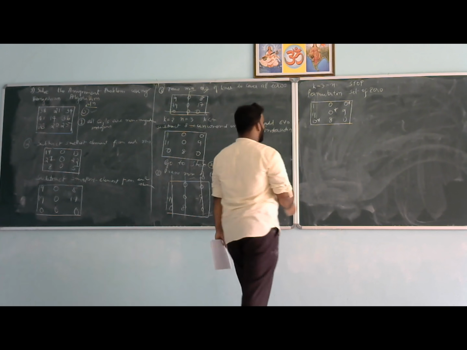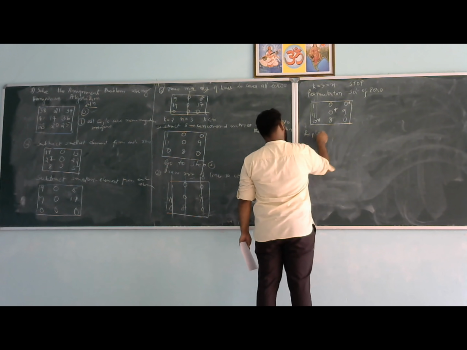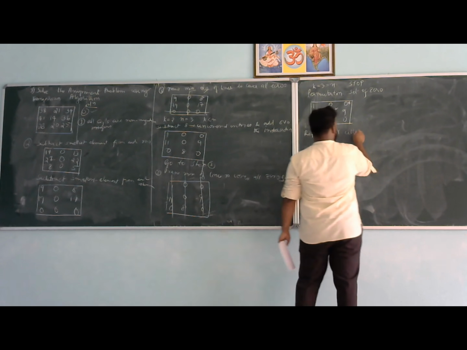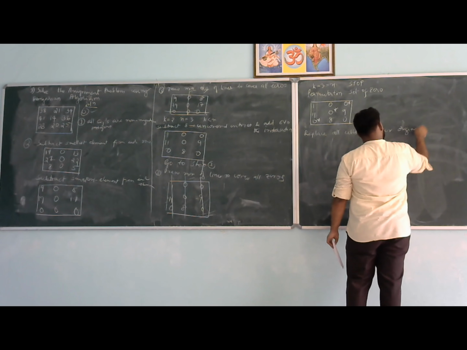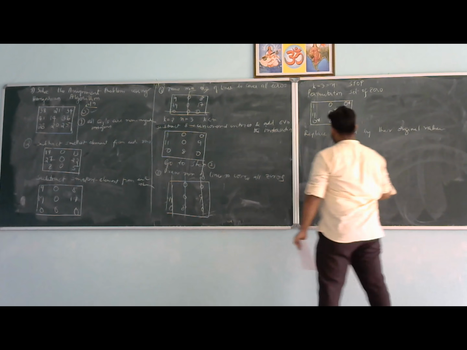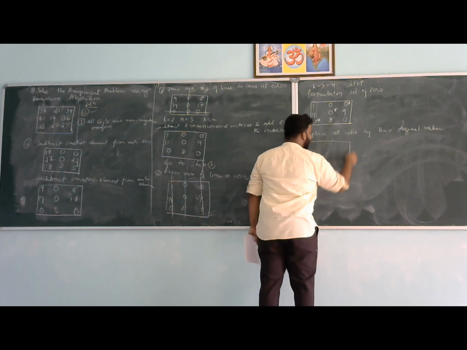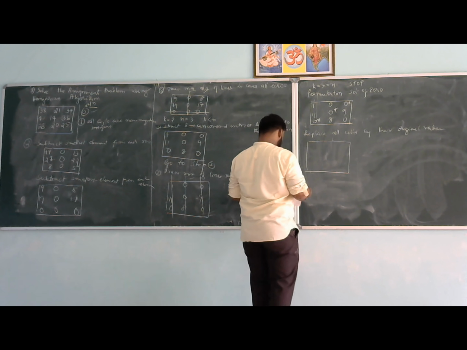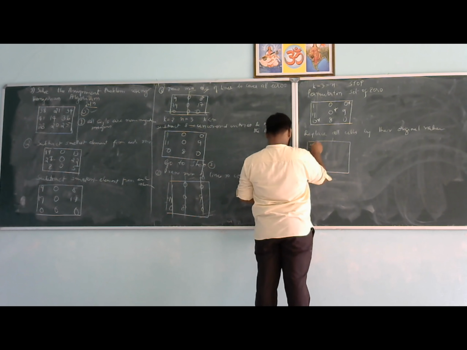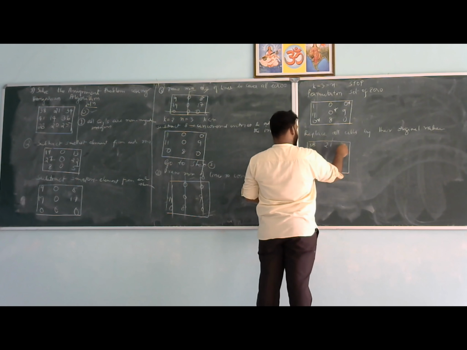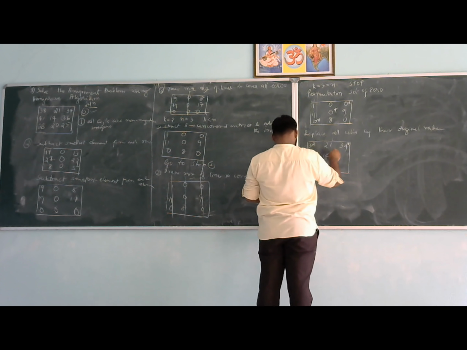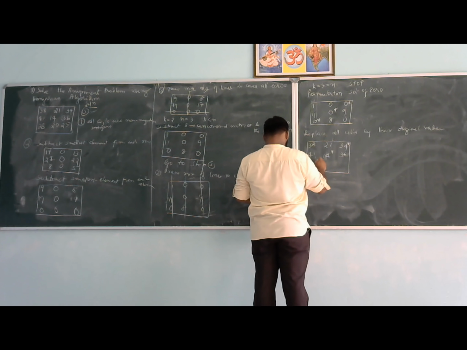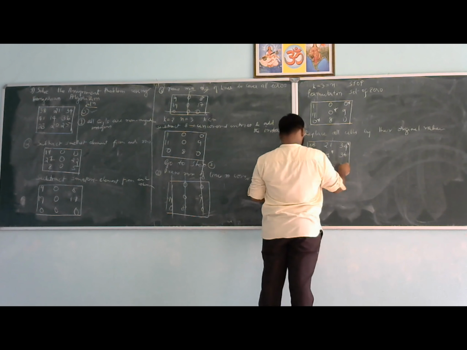Now replace all cells by their original values. So the new table is 38, 21, 34, 41, 14, 36, 28, 20, 24.